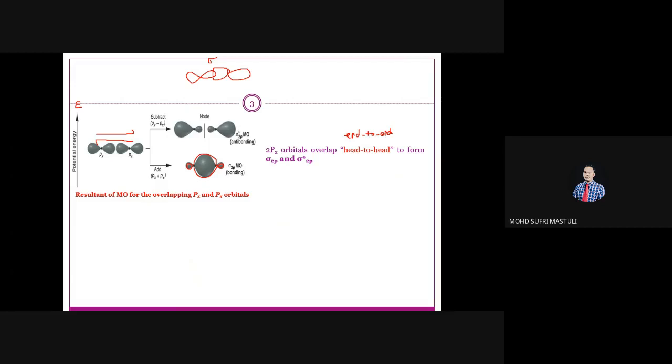So for the bonding, because of the addition, the electron density becomes greater for the bonding electrons. However, for the anti-bonding, it is a subtraction. There is a node inside, so the electrons experience repulsion. This is why the shape is asymmetric. Most of the electrons are further away from the node. Okay.